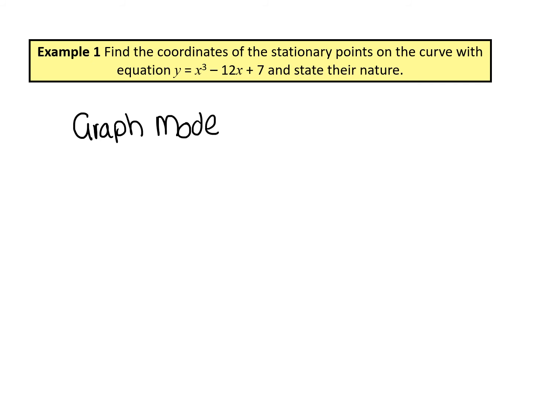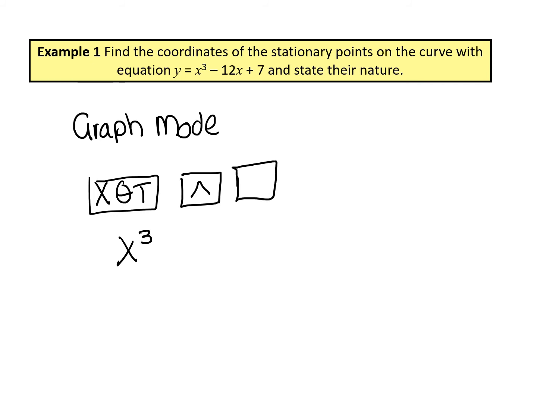And when you've got nothing in there, what you want to type is this equation here. You don't need to put y equals, you just need to put x to the power 3. You need to do that with the X theta T button, so that button you need to press to get the x. And then to power 3, you press that hat button, and that gives you power 3. Then you put a 3 in, of course.